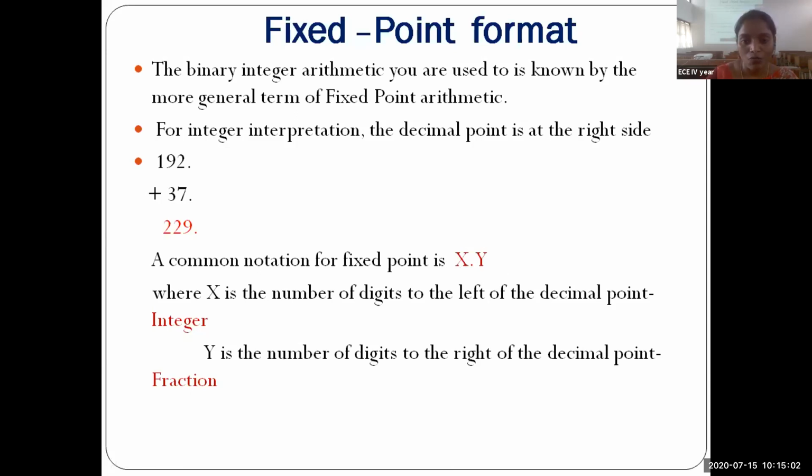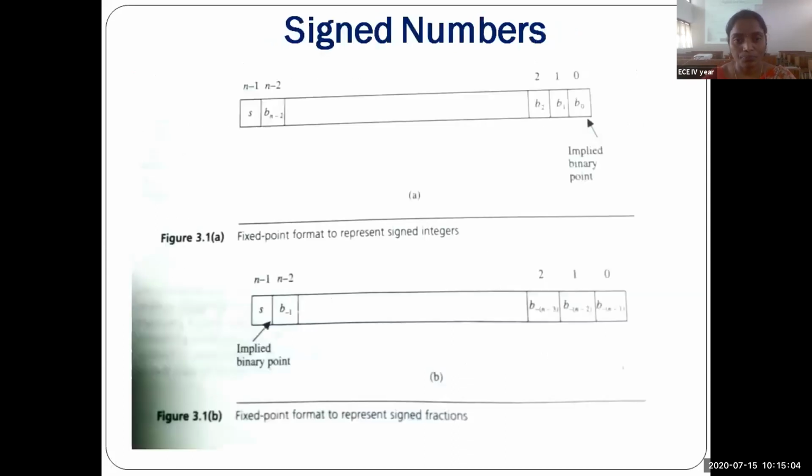Now, in case of binary, binary is nothing but fixed point. This is the binary implied point. Now I am representing 5. 5 is 0, 1, 0, 1, right?